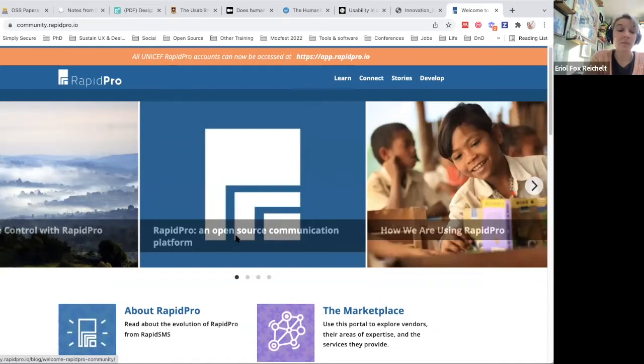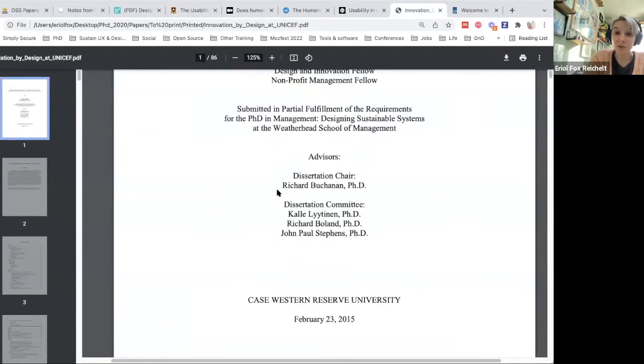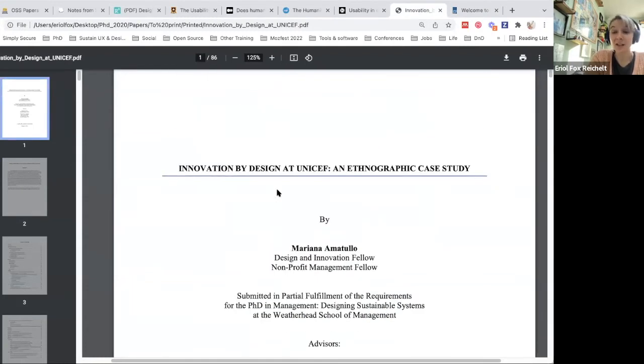but it's actually not really talked about in any detail within this case study, which I think is interesting of itself. The case study is focusing on innovation and design, and not necessarily through the lens of openness or open source software or OSS, or the tools that are created as products of innovation.